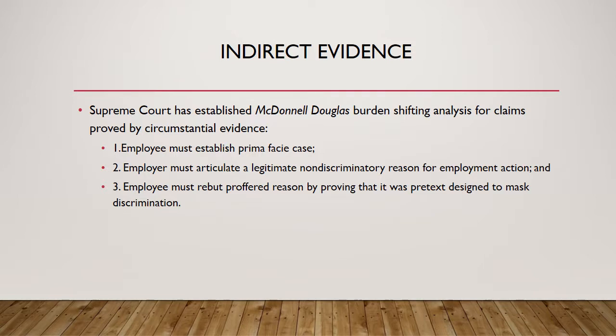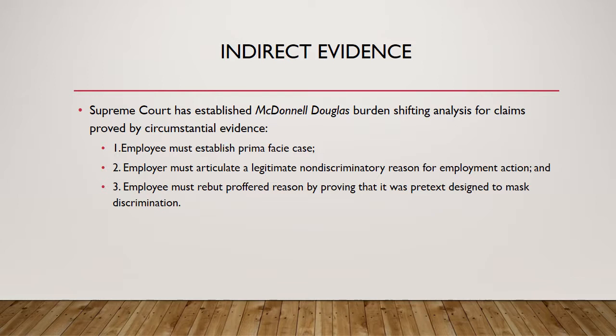For the indirect method, the Supreme Court has established what's known as the McDonnell-Douglas burden shifting analysis. McDonnell-Douglas is the name of the case in which the Supreme Court established this burden shifting analysis. Initially, the employee has the burden to establish a prima facie case. If the employee is able to establish a prima facie case, then the employer has the burden to articulate a legitimate non-discriminatory reason for its employment action.